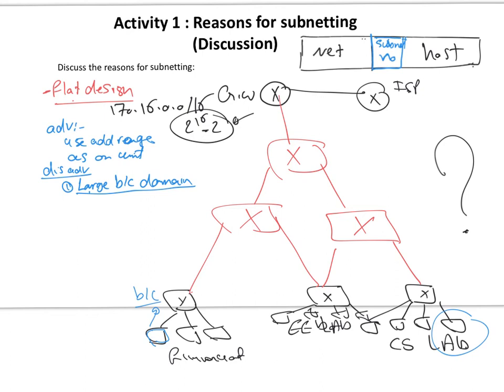So the second thing is what Kishore has mentioned here. It has to do with the fact that since this is one big LAN, there is no isolation or privacy. So if one node here is compromised, the traffic going from this node will reach all other nodes.